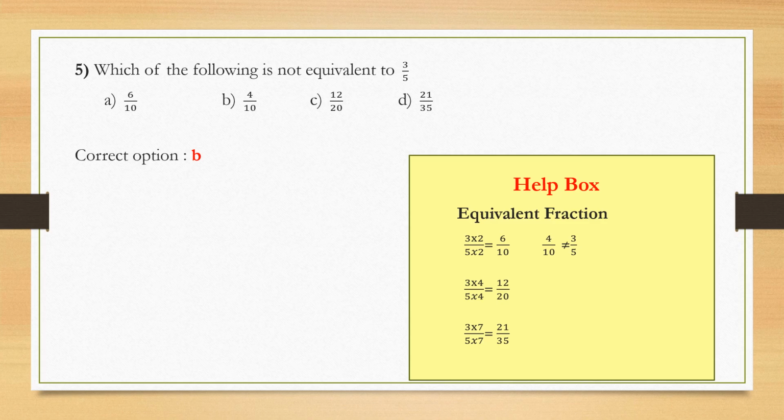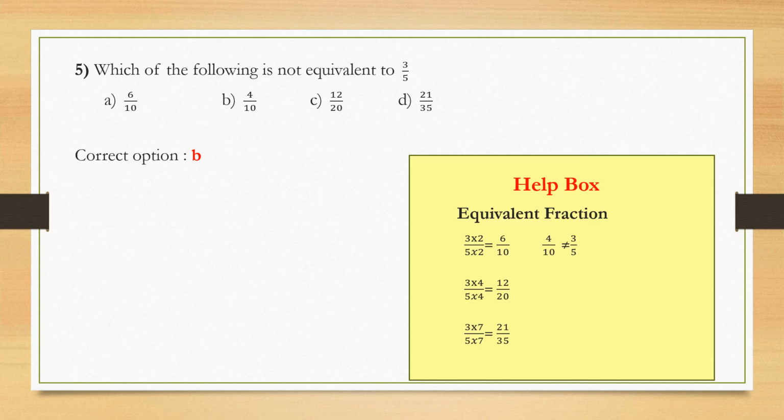Which of the following is not equivalent to 3 upon 5? Again, which is not equivalent to 3 upon 5? Let's go to the help box. Equivalent fraction. Okay, I start with 3 upon 5. When I multiply by 2, I get 6 upon 10. So that is an equivalent fraction.